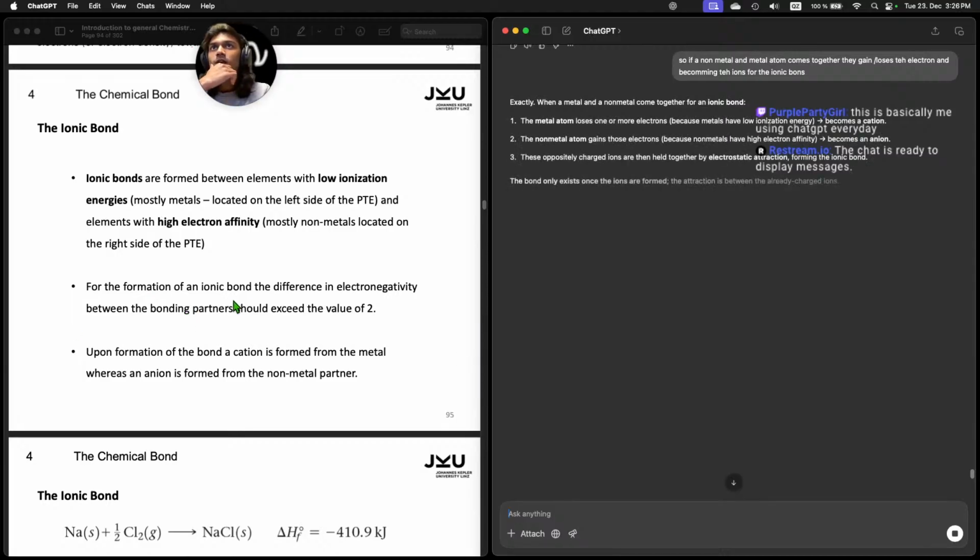For the formation of an ionic bond, the difference in electronegativity between the bonding partners should exceed the value of 2.